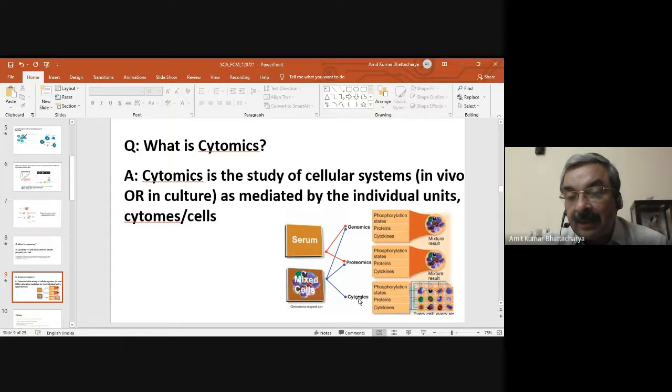But in cytomics, you decide what all genes are present in a particular cell, or what all proteins are present in a particular cell, and how the protein levels and the total protein profile change from one cell to another.